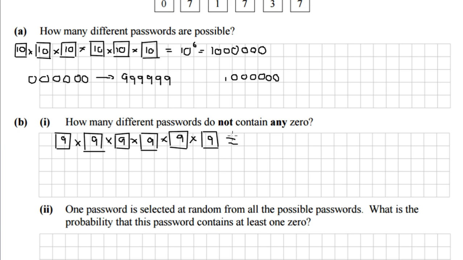So that's like 9 to the power of 6, which we'll just see what we get on the calculator here. So 9 to the 6 is 531,441. So it's almost halved, even without allowing 0 to be used. You've almost halved the number of possible passwords.